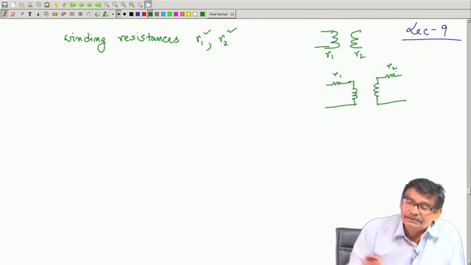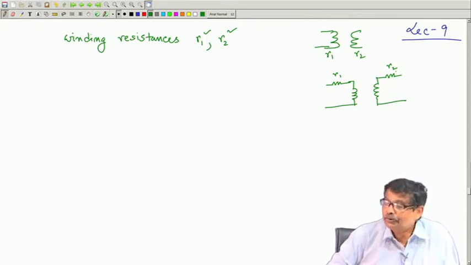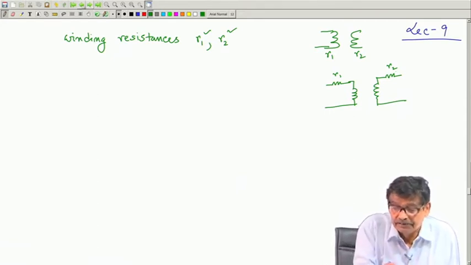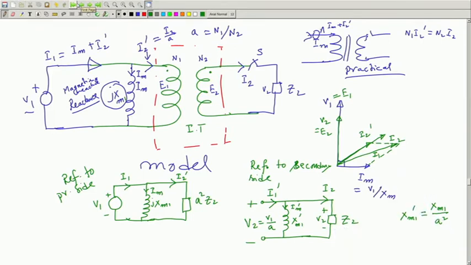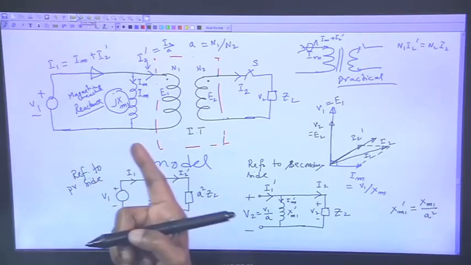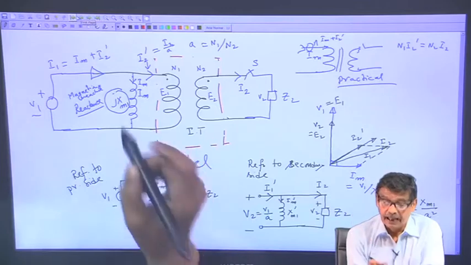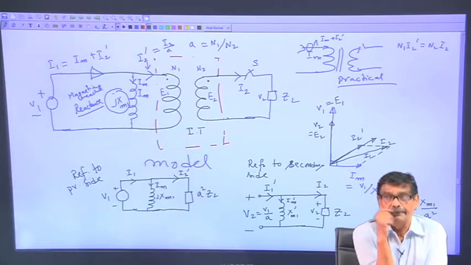Now, the question is how this R 1 R 2 should be shown in this transformer. In this transformer, there was finite magnetizing current, no resistance, no leakage flux, fine, and this is I m, the magnetizing current, taken care of by an X m.